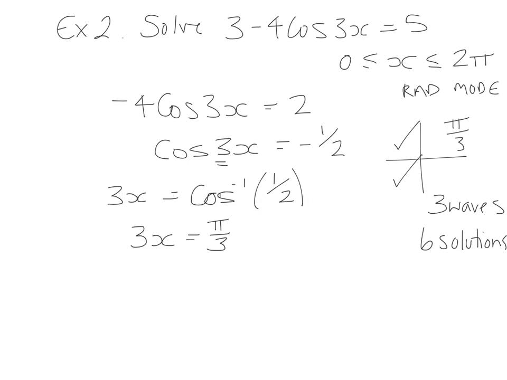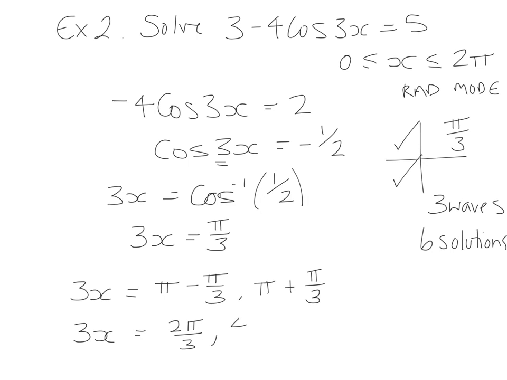So first of all, we'll work those quadrants out for wave 1. So we're going to have 3x equal to pi minus pi over 3 and pi plus pi over 3. So that's quadrant 2 and quadrant 3. And that works out as 2 pi over 3 and 4 pi over 3.